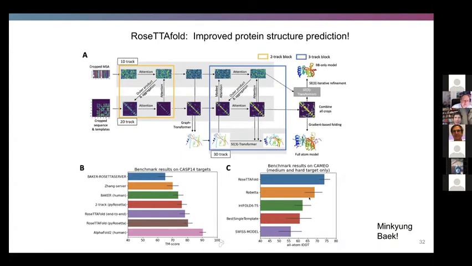So everything I described so far was with this physically based model, but as you're well aware, deep learning is becoming more and more powerful. Inspired by real progress at DeepMind, we've been developing networks that basically take sequence and predict structure.